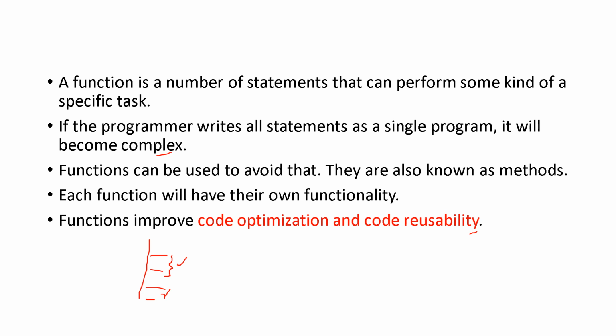So what we will do is write this type of set of code as a function, give a name to the function, and that name will be called in the main section. When that particular name is called, the function will be executed. So that is why it is called code reusability.